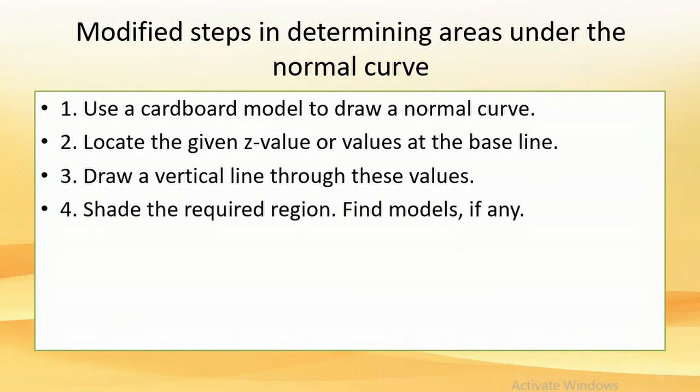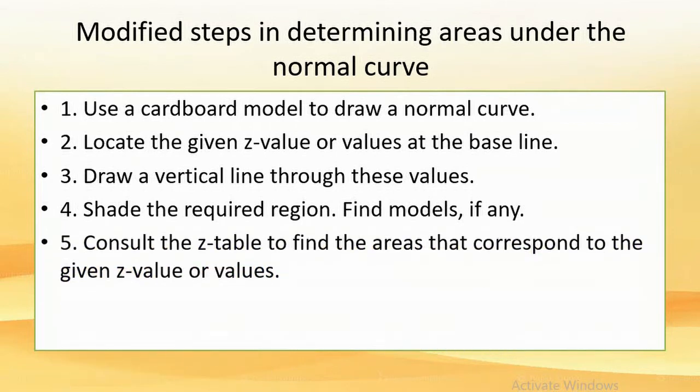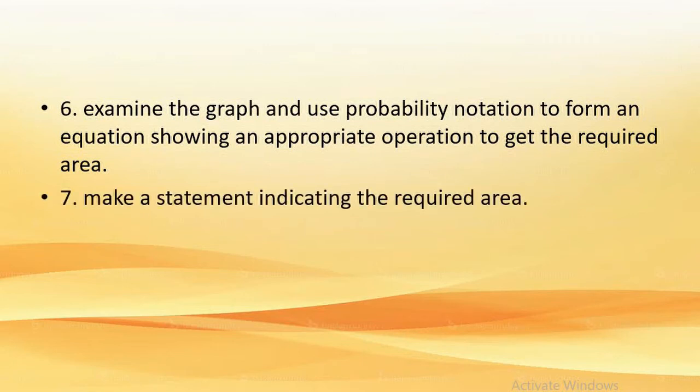Number 5, consult the Z table to find the areas that correspond to the given Z value or values. Number 6, examine the graph and use probability notation to form an equation showing an appropriate operation to get the required area.